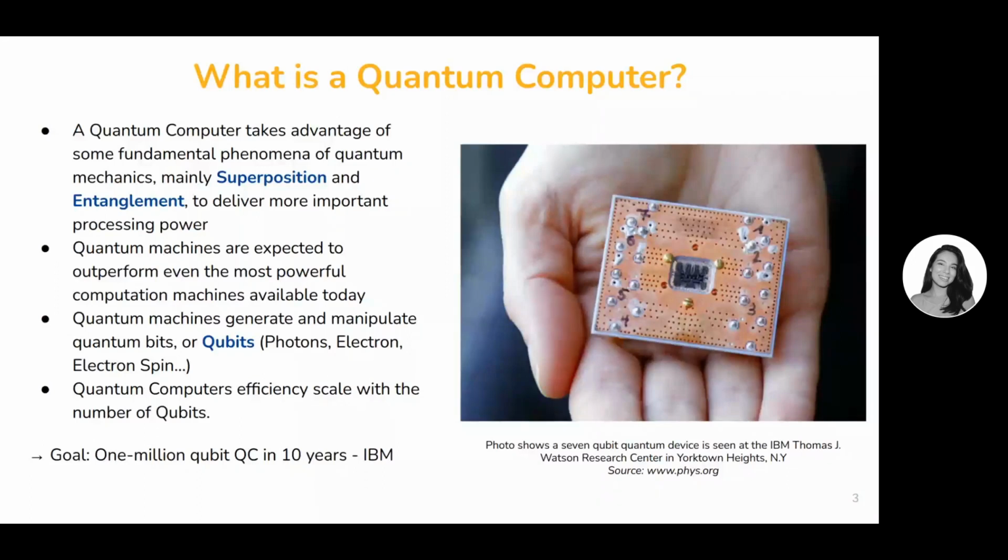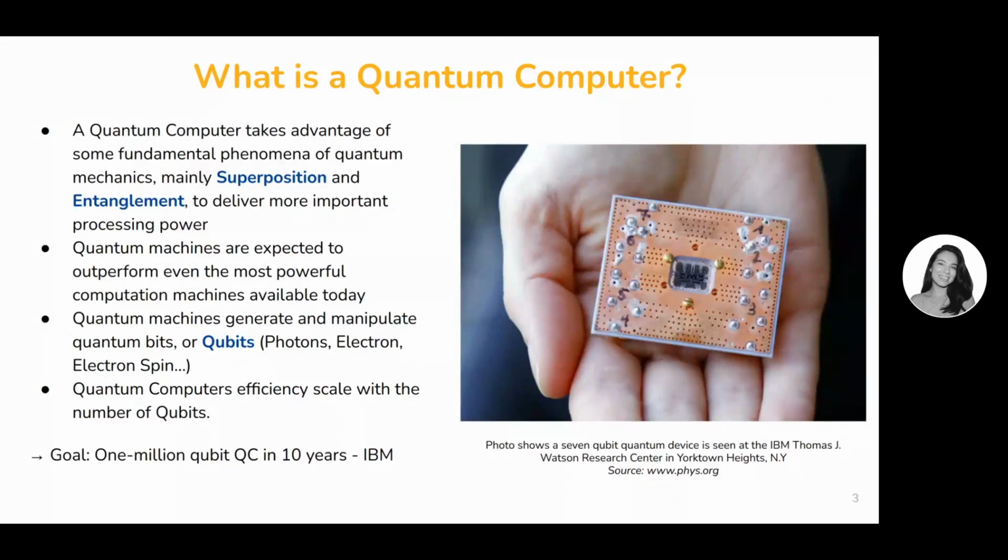Okay, and that's where we switch to quantum computers. So quantum computers are expected to outperform even the most powerful computational machines available today, which we refer to as supercomputers. Even though they are very important machines and we probably will still need them in the future, quantum computers will be used for solving even more complex problems than what supercomputers can do.